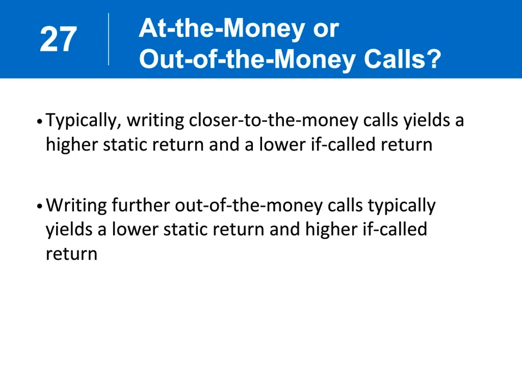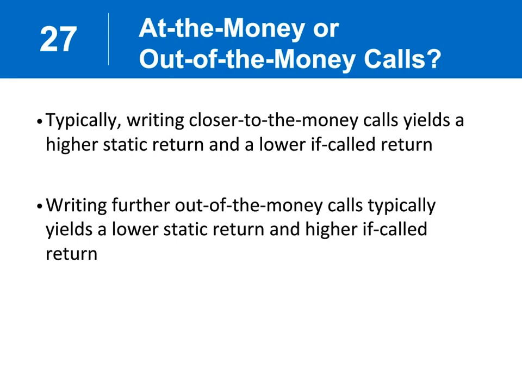So if the stock doesn't go anywhere or is consistent with the static return, your at-the-money or closer to the money call option will return you more than an out-of-the-money option would, because the out-of-the-money option offers you less premium, offers you a little less protection. What the out-of-the-money option does is it gives you the possibility of profiting on that stock move higher. So it's a little more risky, a little more aggressive, and that's the difference between the two.